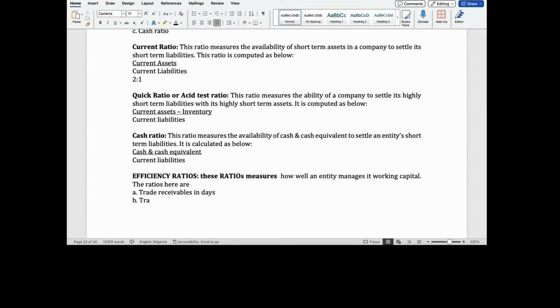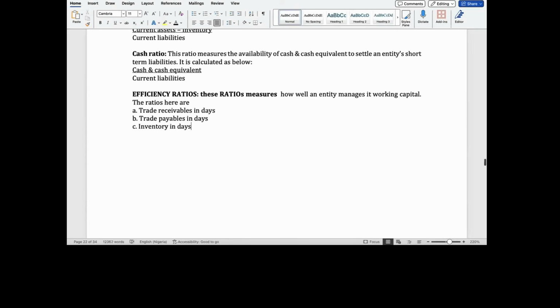We also have trade payables in days, which can also be called trade payables turnover period, or trade payables payment period, or payables in days. And there is also inventory in days. So these are the three efficiency ratios that we have.